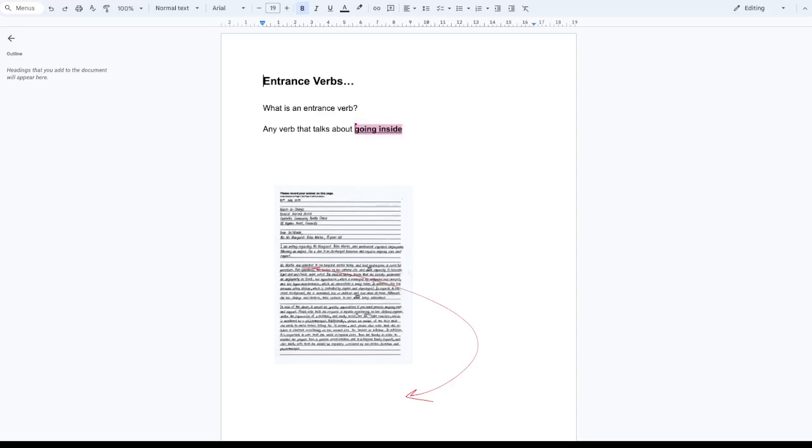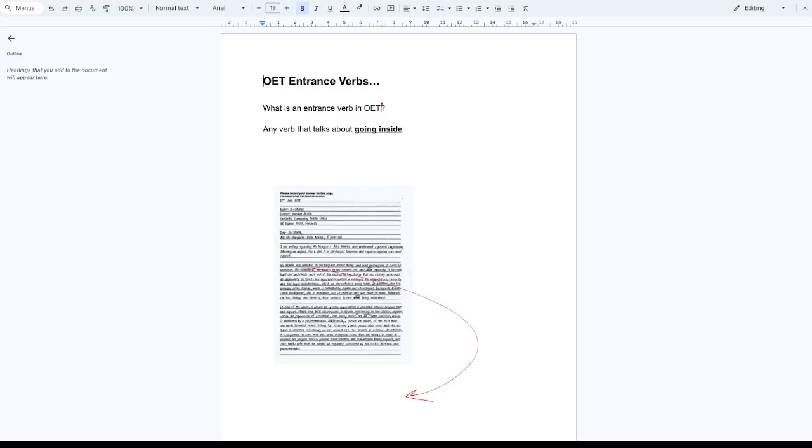Obviously this is an OET class, so we're talking about what is an entrance verb in OET. Entrance verbs are any verb that we use to talk about going inside.